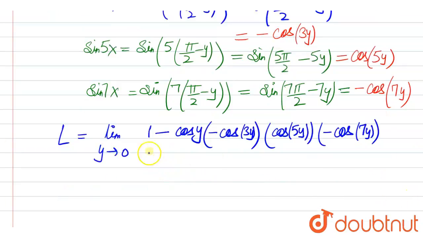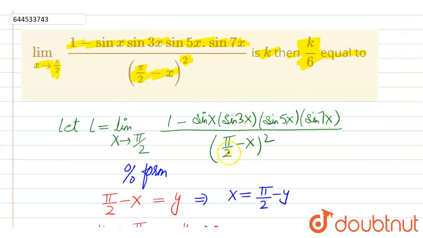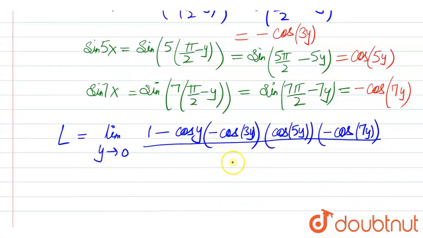And this whole is divided by pi by 2 minus x, which we took as y, so this is divided by y square.